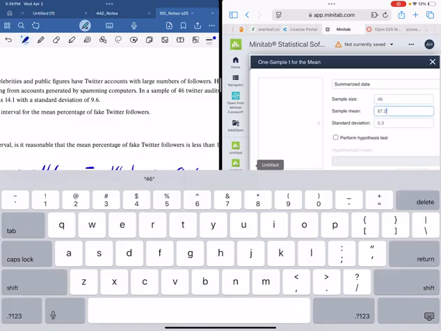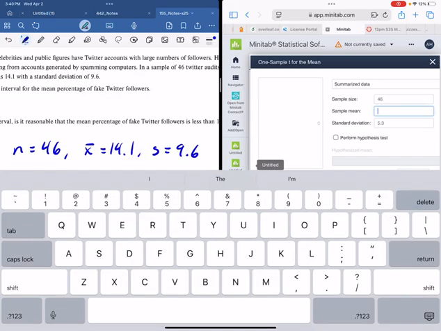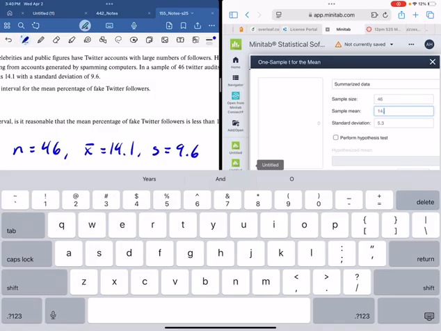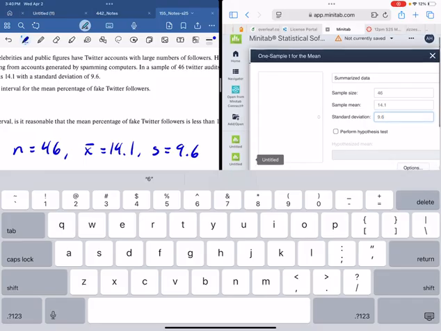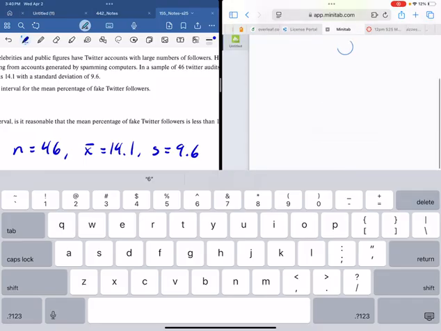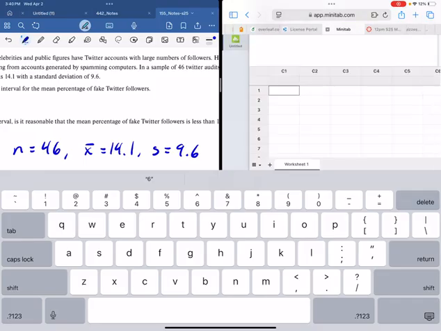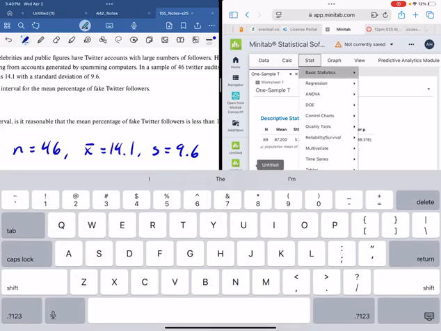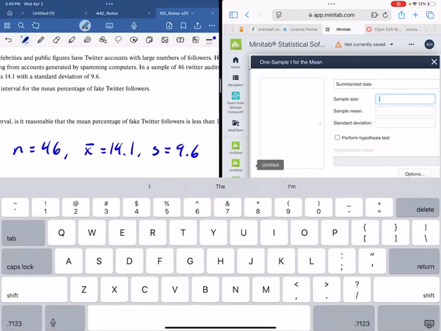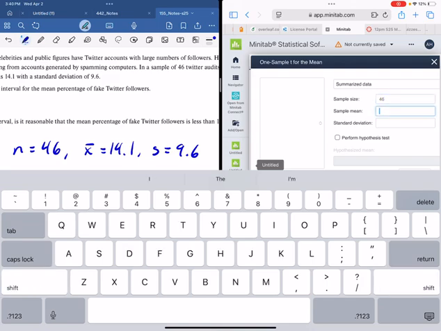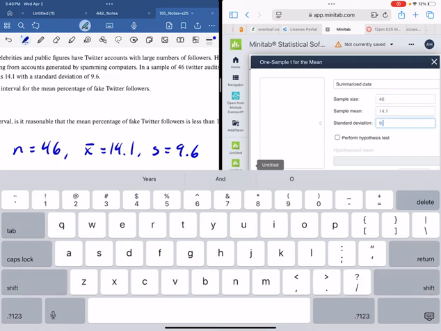Let me try that again. Stat, basic stats, one sample T. Okay, 46, 14.1, 9.6.